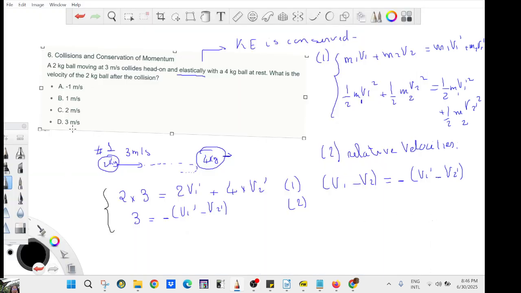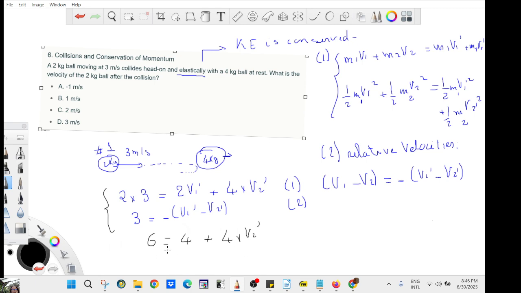So let's check the answers. This answer doesn't make sense because that would mean that this mass does not lose any momentum, but some of the momentum has been transferred to this one. You can check with the equation, but this one doesn't make sense. Number 2, let's try it. We have 6 equals 2 times 2, which is 4, plus 4 times v2 prime.